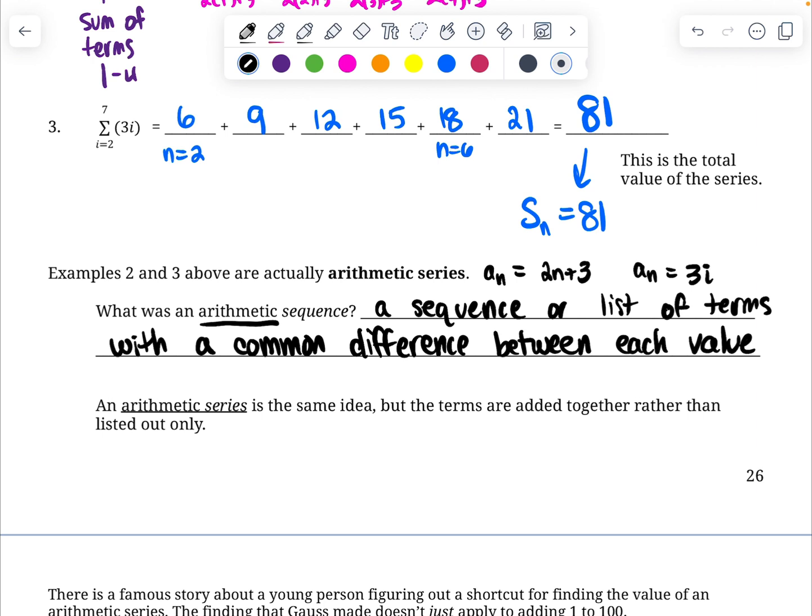Okay, so basically that means that there is an adding or subtracting pattern, a constant value. All right?